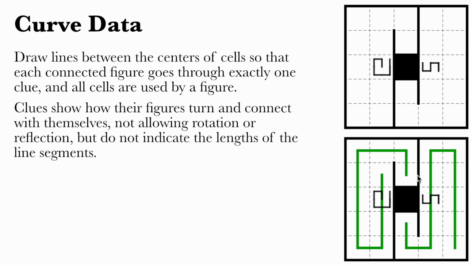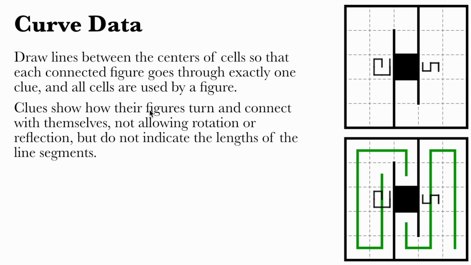And as you can see, the line only travels vertically and horizontally to make its way through the grid. We've used every single cell as part of a path. And while in this example they are in fact just straight paths, they could fork or loop or anything like that, potentially. That is allowed by the rules.